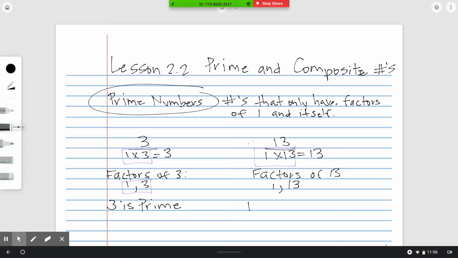So I know that 13 is called a prime number. We had 3 and 13, both prime numbers. When I make my list of combinations, it is only 1 and itself.